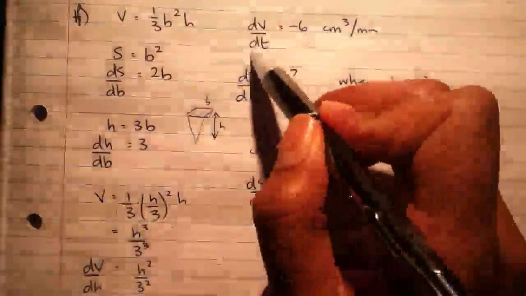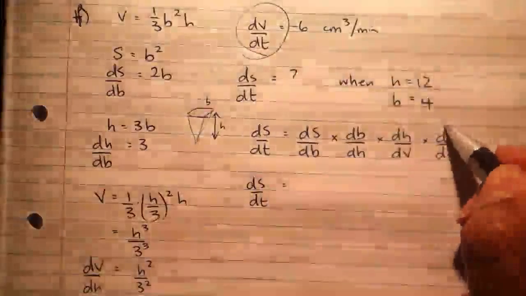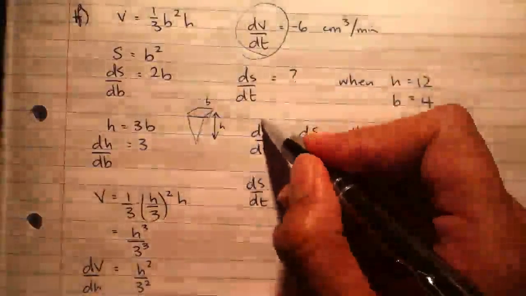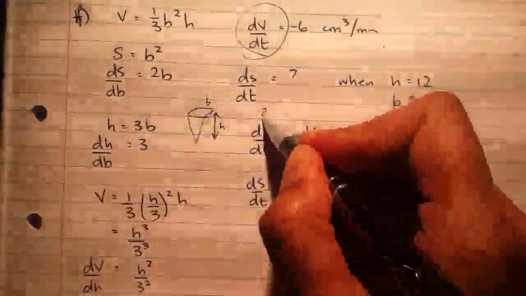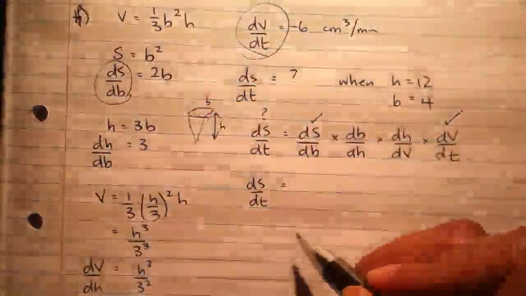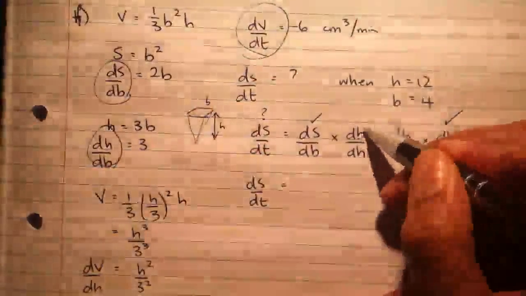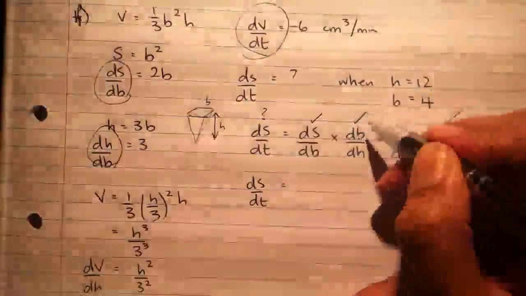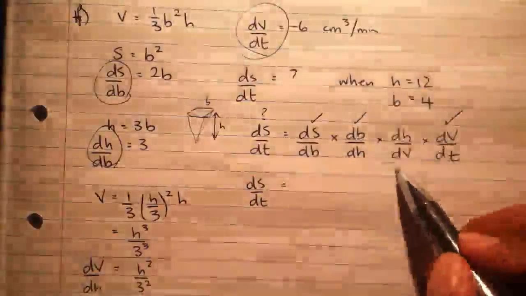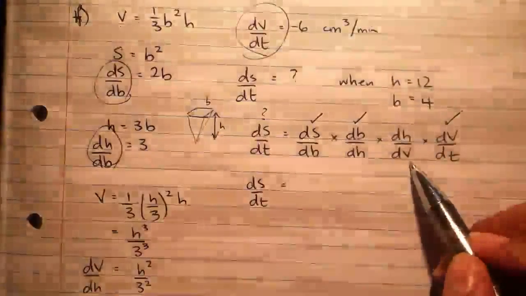I've got dV/dt, which is given to me in the question. dS/dt is what I'm trying to find. I've got dS/dB, and I've got dH/dB, and that's just the reciprocal of this. So all I've got to find is dV/dH, and then find the reciprocal.